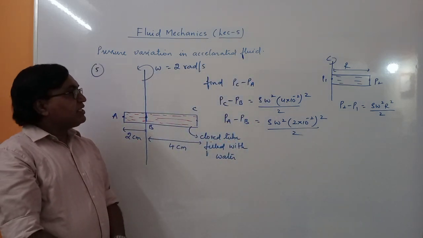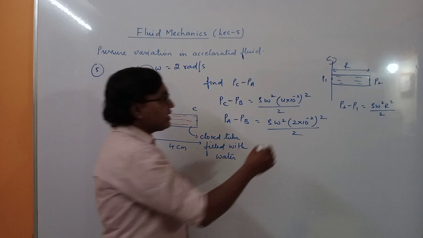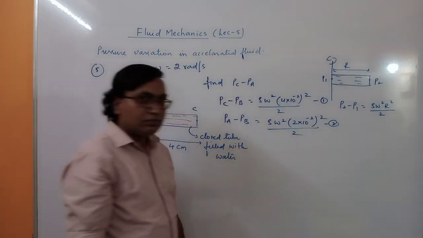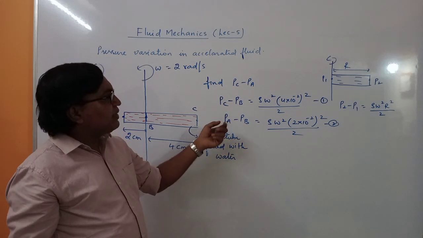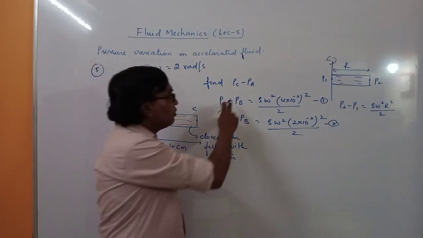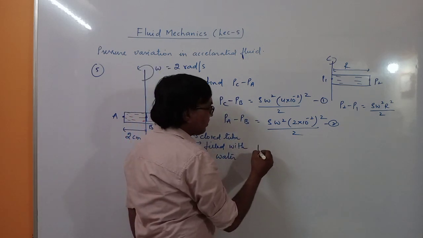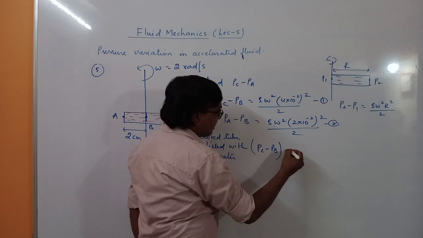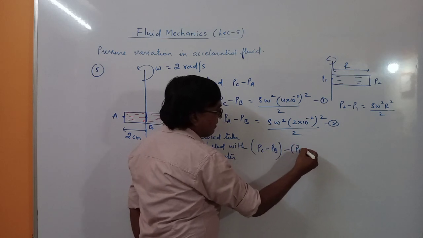So we want PC minus PA. This is equation 1, let us say, and this is equation 2. If you want PC minus PA, just subtract 1 from 2. PB will be cancelled, that is PC minus PB minus PA minus PB.